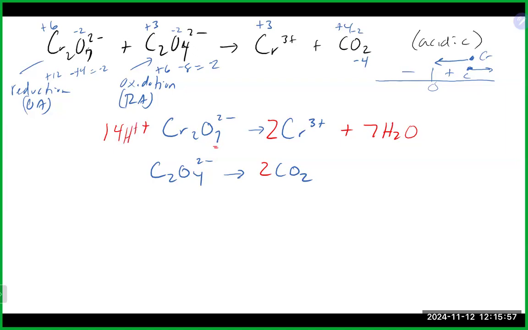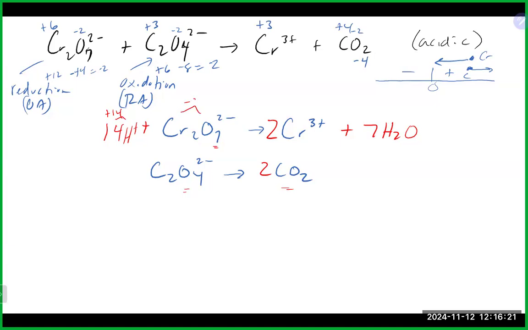Right-hand side here on the bottom has 4 oxygen and also 4 oxygen there, which means by putting that 2 in front, it actually fixed the oxygen for us, so we do not need to add water in this particular case. At this point, we can do our electrons, so that's going to be a +14.